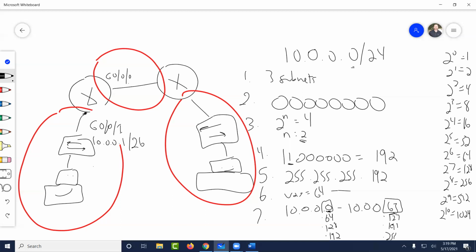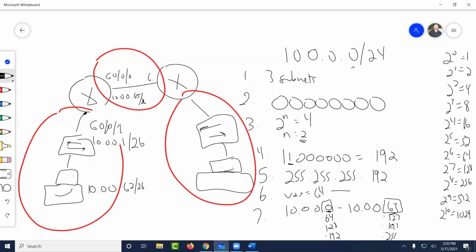Now, everything down here could be up to the last usable address. If we put that on the host, it would be 10.0.0.62/26. And then we could go right here. This could be 10.0.0.65/26.